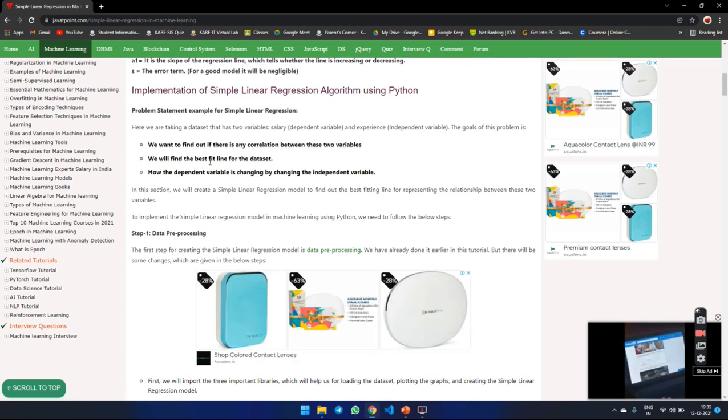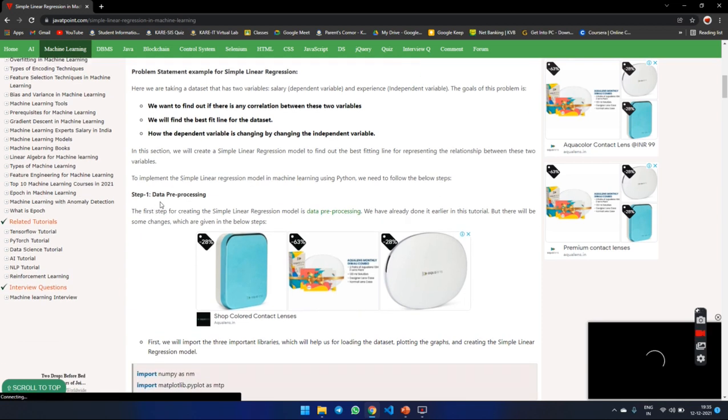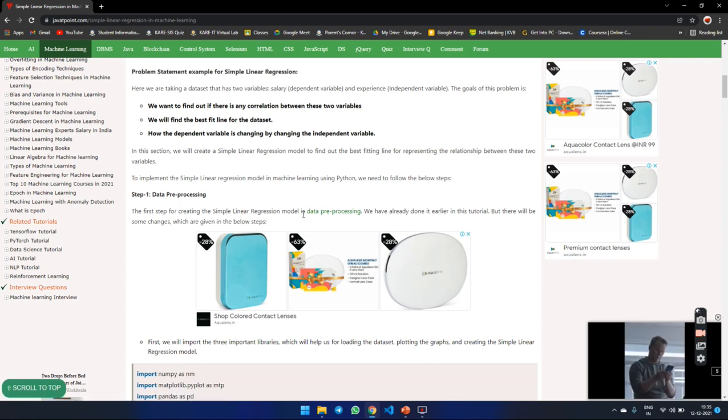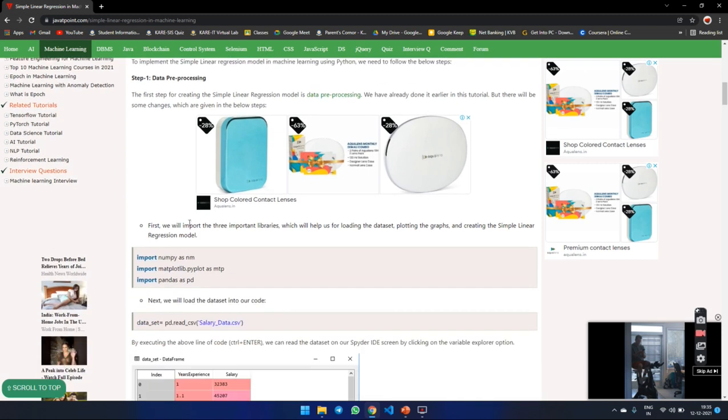Then we will find the best fit line for the data set, and how the dependent variable changes with the changing independent variable. First, data pre-processing. The first step of creating the simple linear regression model is data pre-processing. We have already done this in the earlier tutorial.